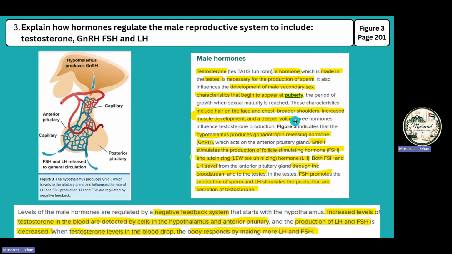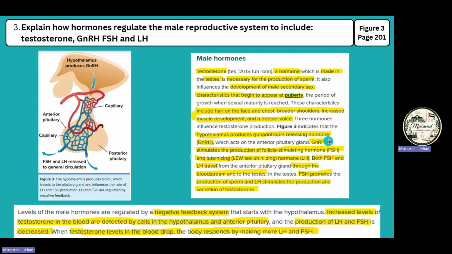Now, there are 3 hormones which influence testosterone production. Remember, there are 3 hormones. What are these 3? Firstly, the hypothalamus in the brain produces GnRH, the gonadotropin releasing hormone.